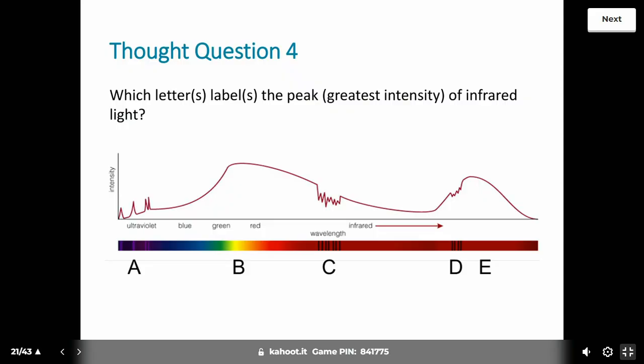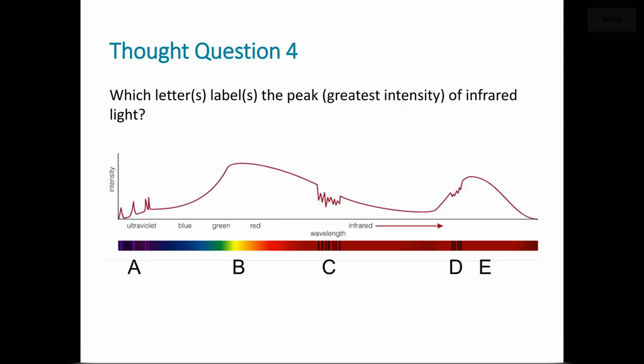And then, let's see, so this says which letters label the peak or greatest intensity of infrared light. Yeah, it'll be D or E. So infrared is the right-hand side, and that's the highest part that is in the infrared.